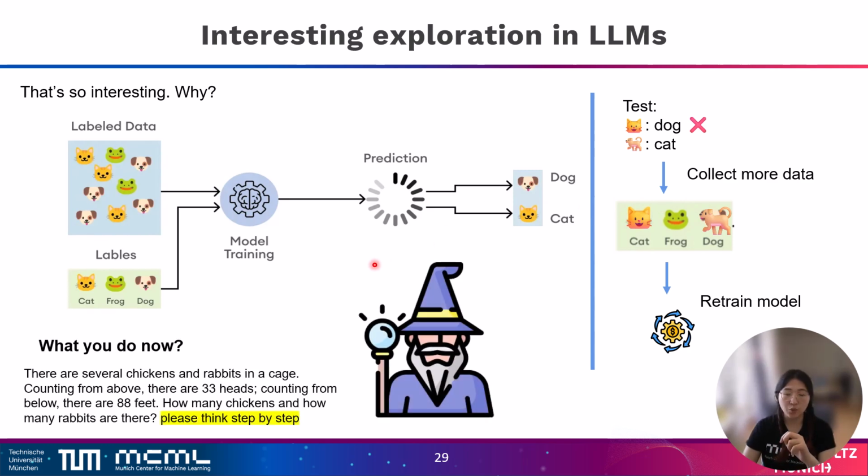But now what you did is just add one sentence, please think step by step, which seems like magic, because you didn't change the large language model or even train it. For the question, you just added one sentence, please think step by step.